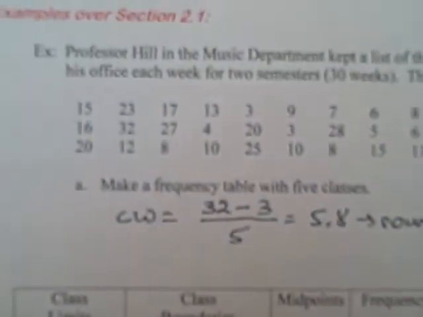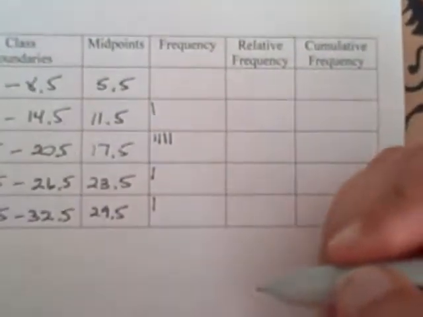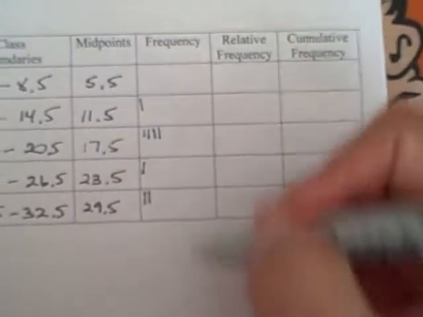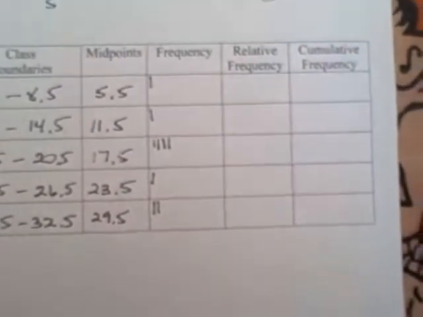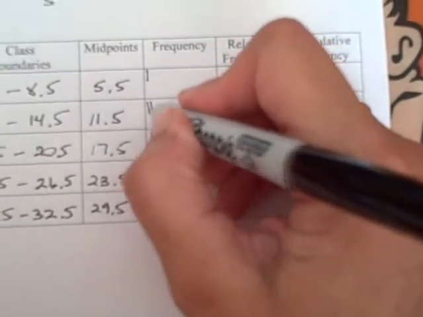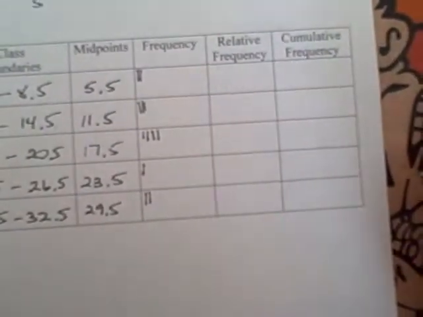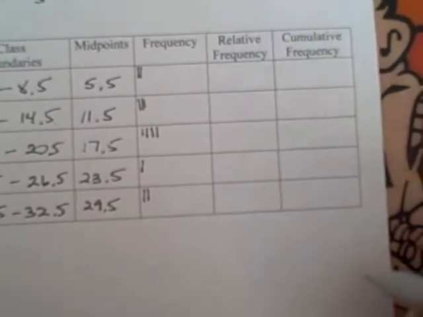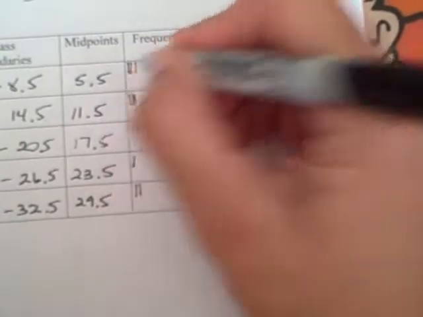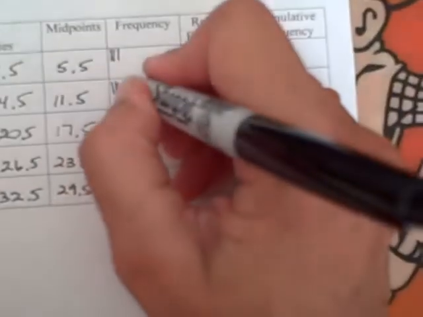And then we have 17, 27, and 8. Then 13, 4, 10. Then 3, 20, 25. Then 9, 3, 10.